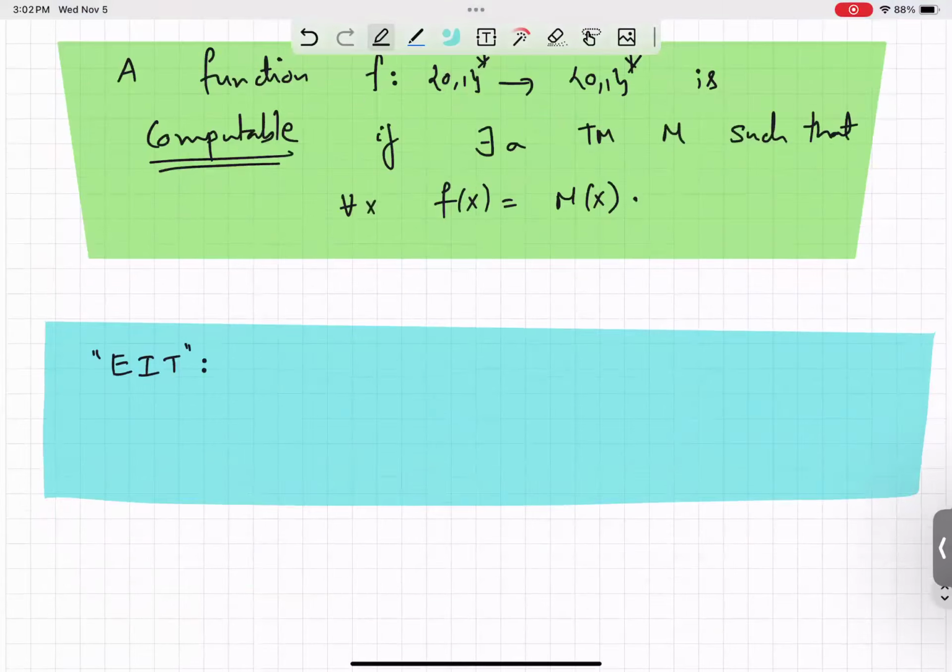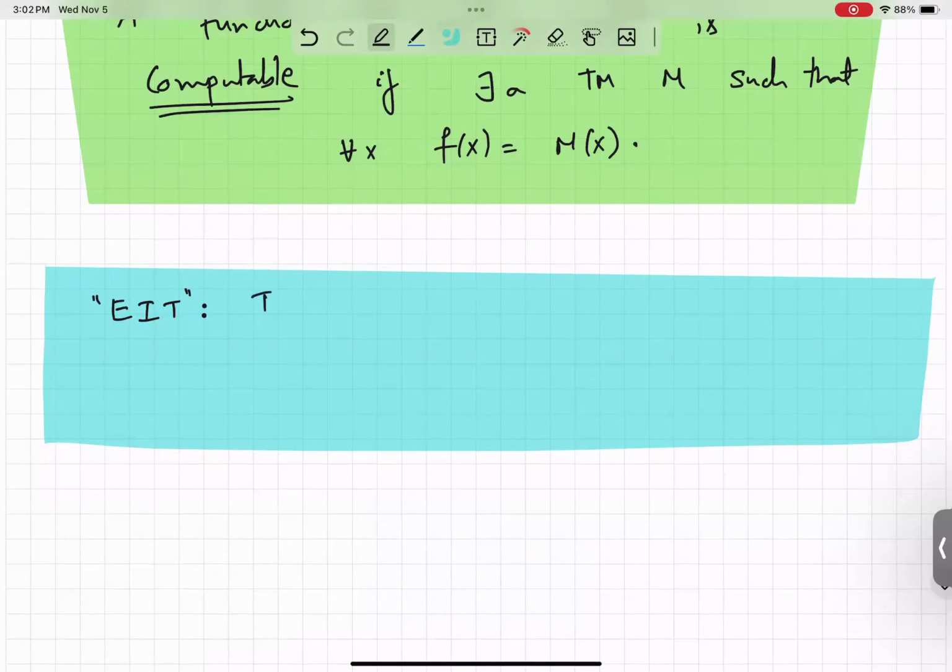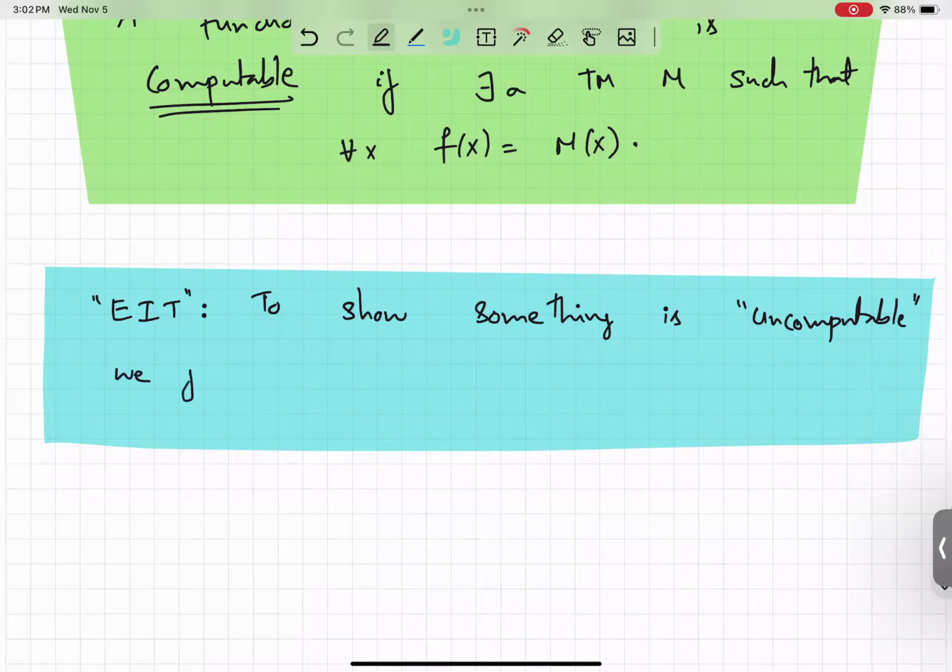So the eat-it-too part says to show something is uncomputable, we just have to show Turing machines cannot do it.